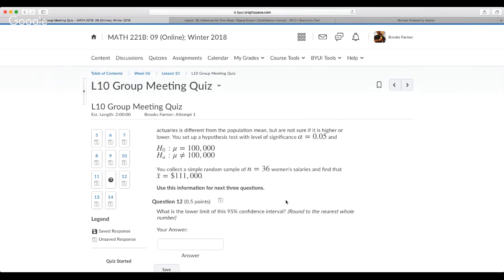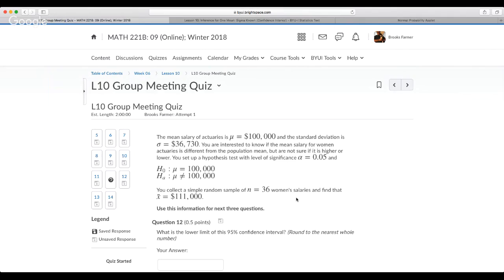It's 95% confidence, so that's 1.96 times. So it's going to look like 100,000 minus 1.96 times 36,730 divided by the square root of 36. That's how you find it, right? Yeah. And then obviously the opposite of that too.